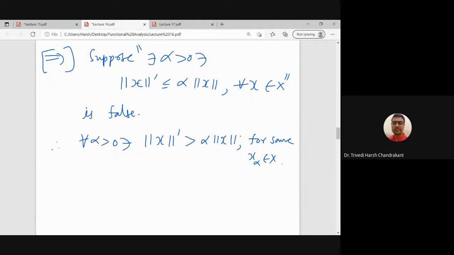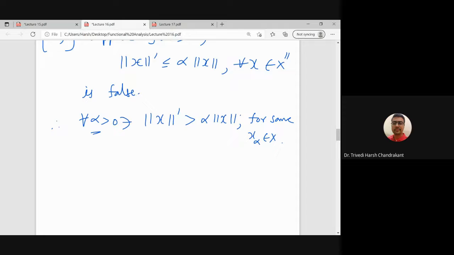Depending on what alpha is given. So in particular, if we choose alpha depending on natural numbers, then for every natural number we'll get xn, right?